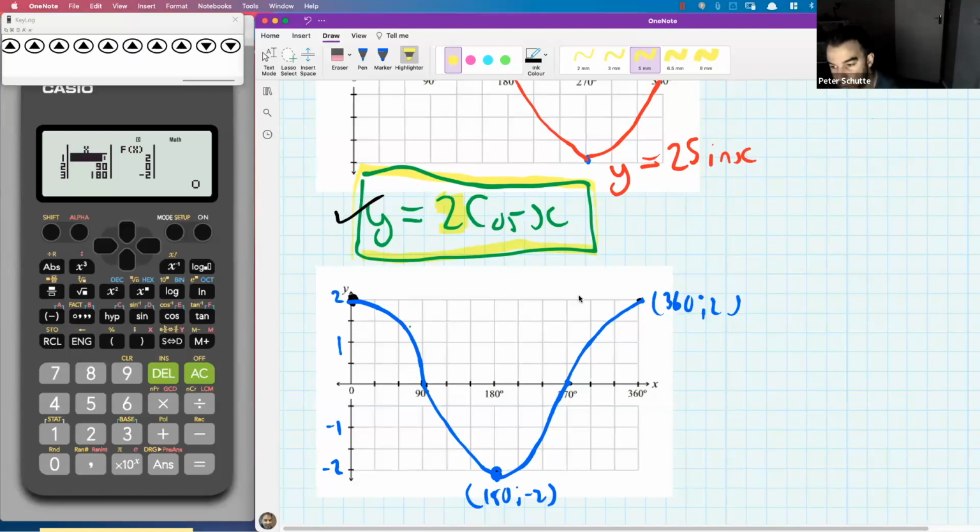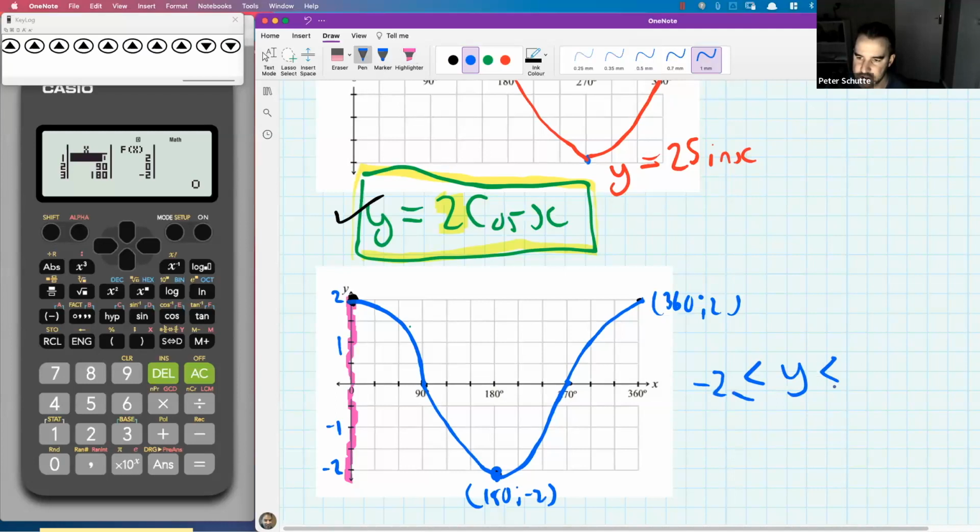So the range, remember the range relates to the y values, and it looks to me like the biggest y value that I get is 2, and then it stays between this zone over here. So that's the range of this trig graph. And so we would say the range is y greater than or equal to -2 and less than or equal to 2.